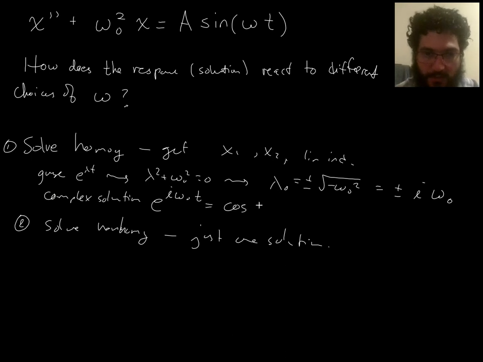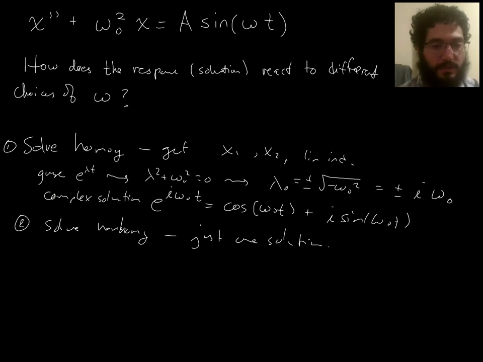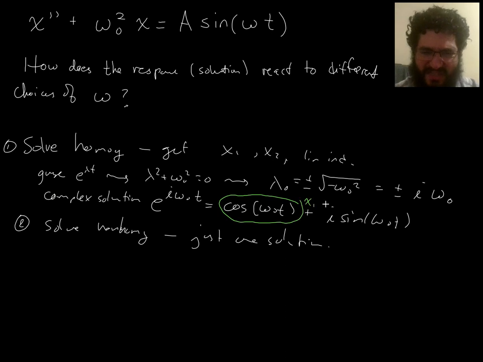So cosine omega naught t plus i sine omega naught t. And I just have this pure oscillation. And let's call this one x1. Let's call this one x2. Those are my two linearly independent solutions. Great, that was easy. Now for the less easy.